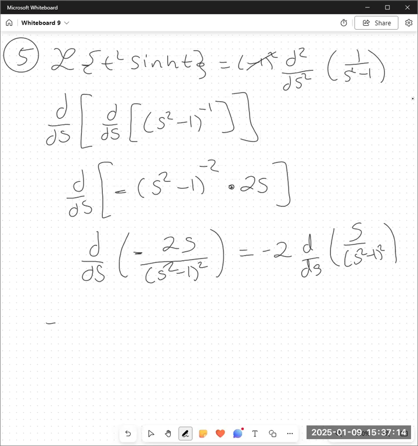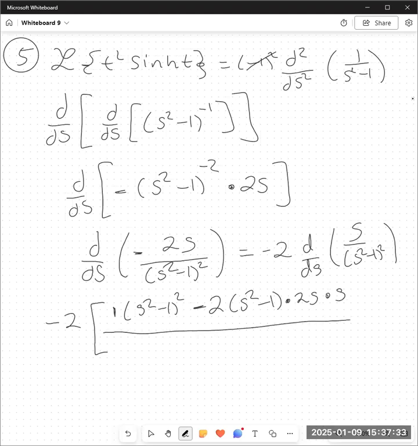So we have a quotient rule now: derivative of the top times the bottom minus derivative of the bottom times the top, all over the bottom squared.